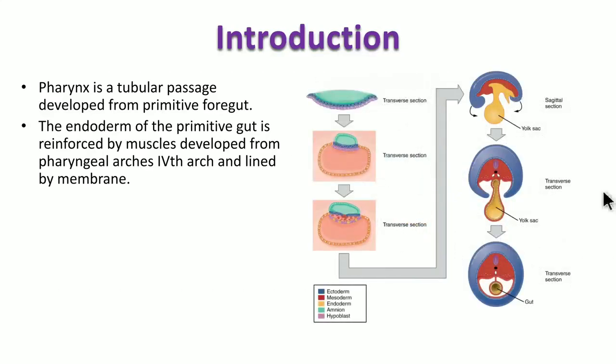Here you are able to see in the section the mesoderm on either side of the notochord, which will be your paraxial, and then you have intermediate. The lateral plate mesoderm will divide into the somatopleuric and the splanchnopleuric.